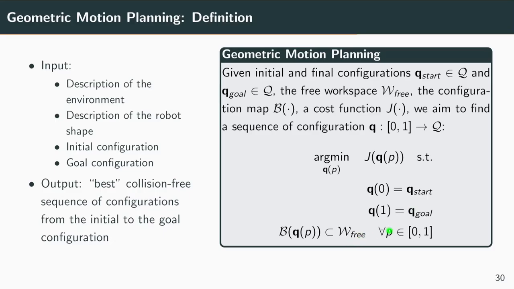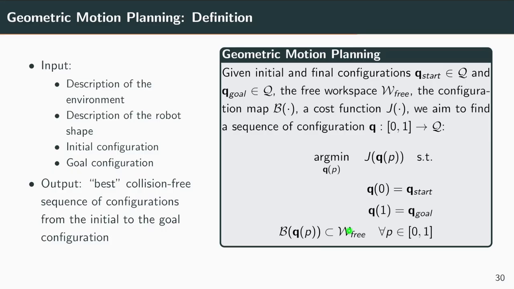And then for any element in the sequence, so for this progress variable that I call P, all of them between 0 and 1, it needs to be that if I take the configuration where the robot is and apply this map, which tells us which points are occupied at this progress on our path, then this definitely needs to be a subset of the free space, so it cannot be in collision with the things in our environment.